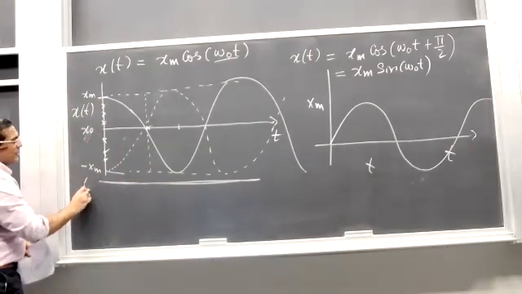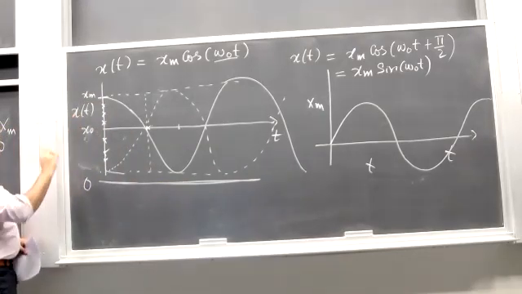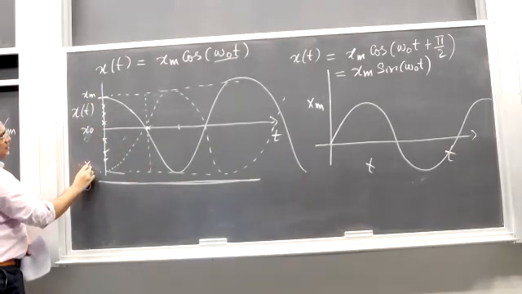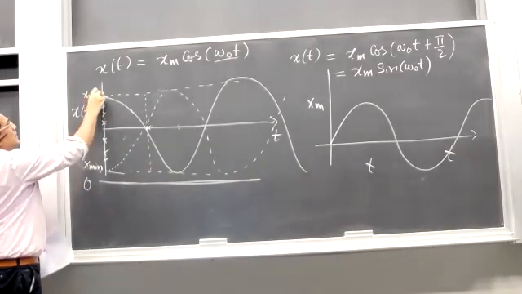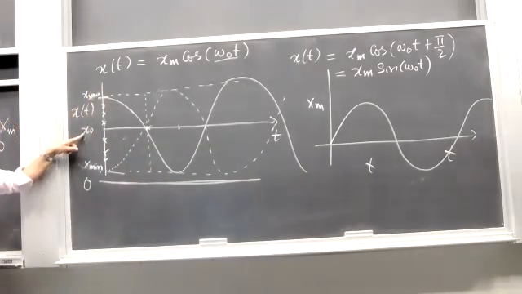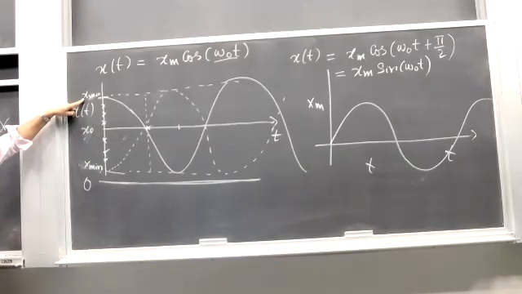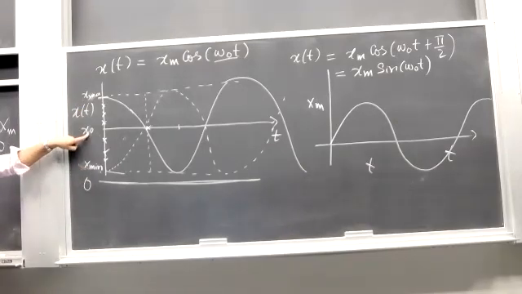You can set this to be 0, and then you would have x min and x max. Now this would be oscillating around this point, with the largest distance on the right side and the largest on the left side. That is what x naught does.